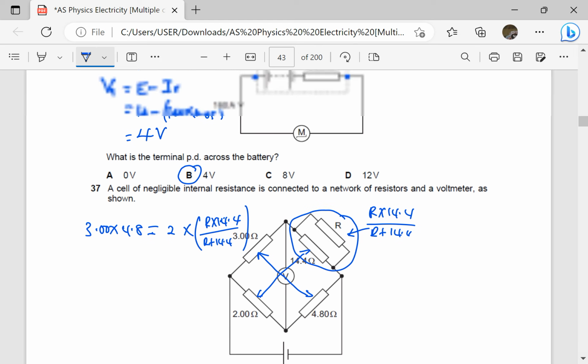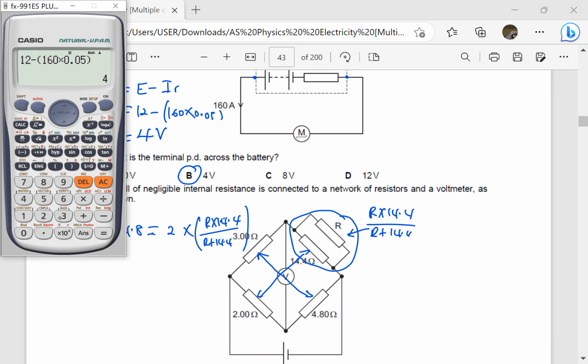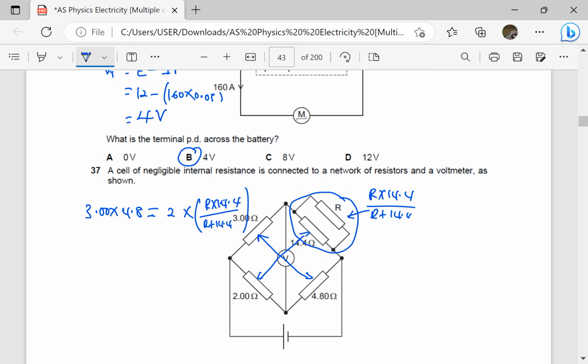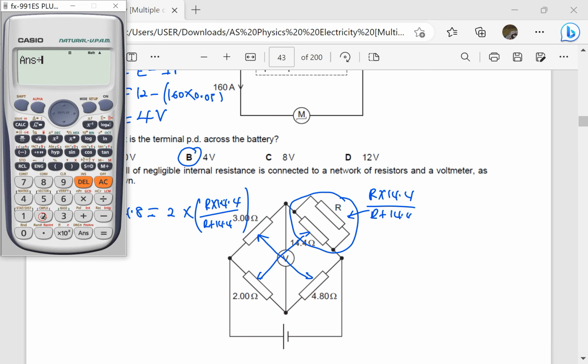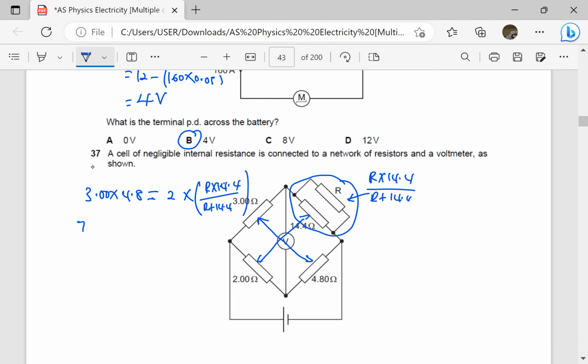So what is 3 times 4.8? That is 14.4. I'll just divide this by 2, 7.2. So we have 7.2 is equal to 14.4 R over R plus 14.4.